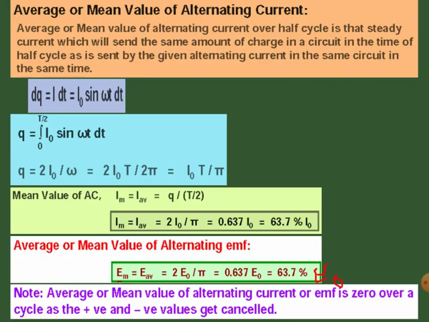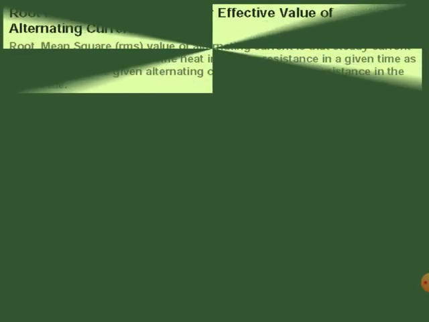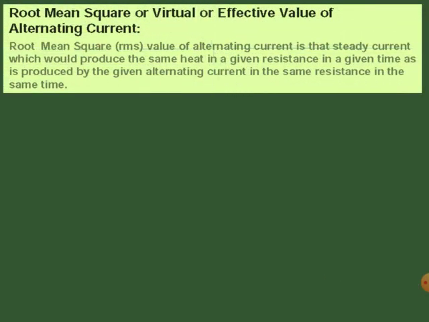Got it? Now let's see the RMS value, root mean square value of AC. We also call this the virtual value or effective value. In the case of root mean square value, we can take any time duration, whether half the time period of AC or the full time period, it doesn't matter.